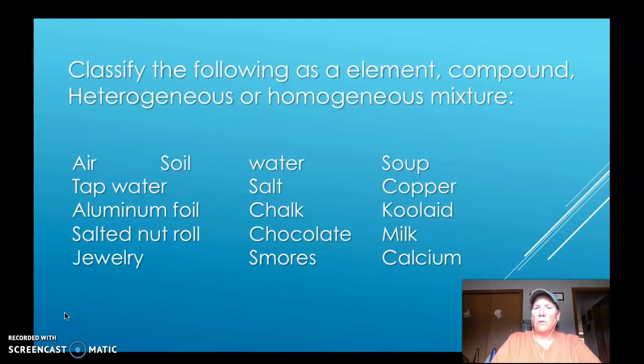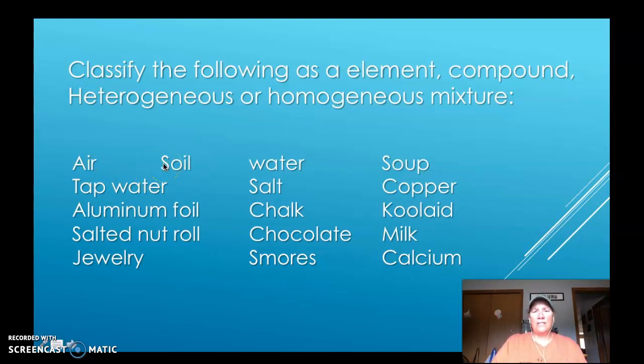Classify each of the following as either an element, compound, heterogeneous, or homogeneous mixture, and remember that homogeneous mixture is the same as a solution, you guys. So air, a lot of people tell me that's a compound. The air in the room you're in right now is not the same as the air in the room I'm in. So air varies. Air is actually a solution, okay? It's a well-mixed mixture.